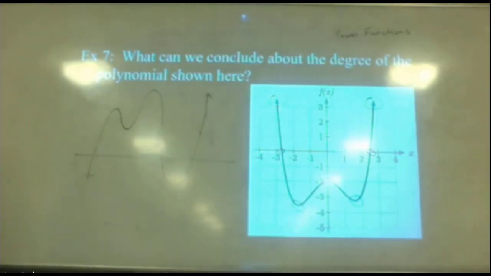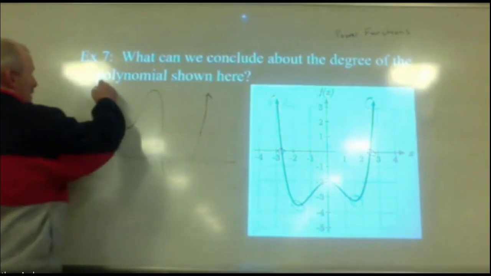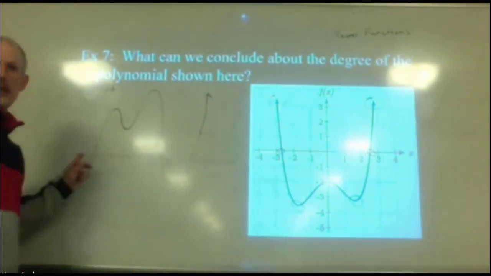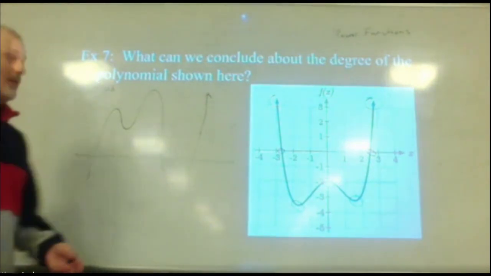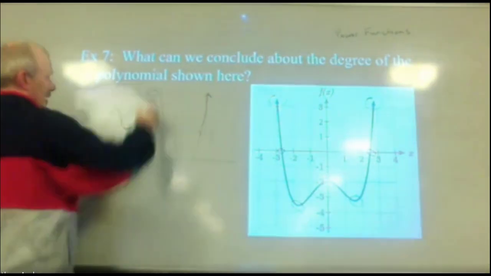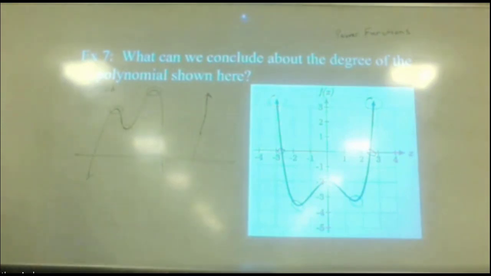First of all, it's odd, right? Because it goes down on one side and up on the other side. So it is odd. From the zeros, we see there are 3 x-intercepts or 3 zeros, so it has to be at least a 3, right? But what does this tell us when we have 1, 2, 3, 4 turning points? That tells us the degree has to be at least what? 5. At least 5. It has to be one more than the number of turning points.